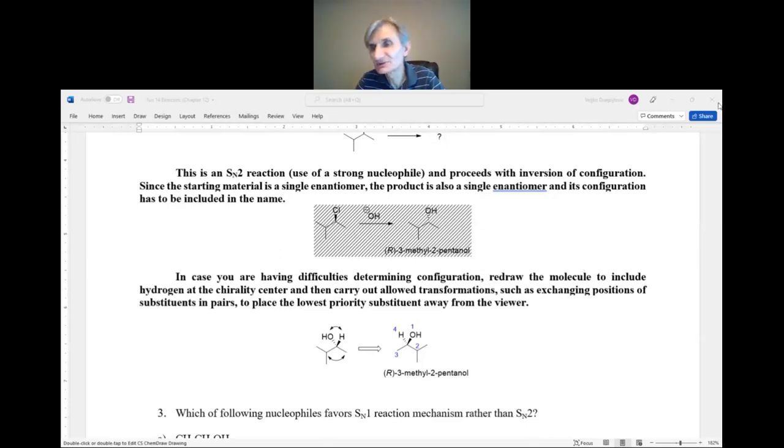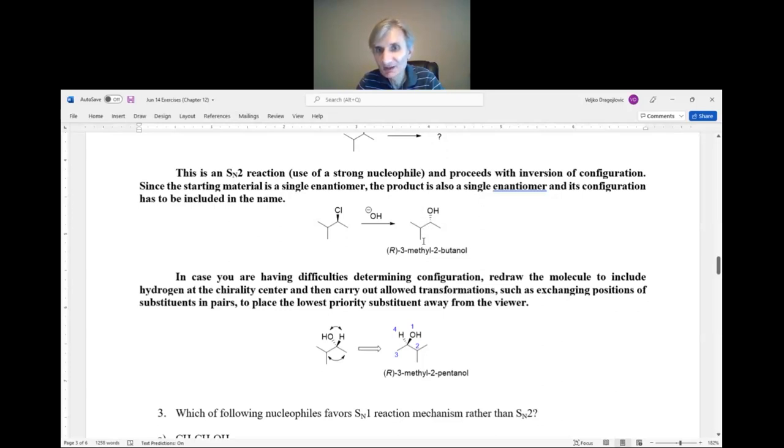And a hydroxyl group is on the second carbon. So that's 2-butanol. On carbon, so this is 1, 2. On carbon 3, there is a methyl group. So it's 3-methyl-2-butanol. And then you need to indicate stereochemistry, whether it's R or S.